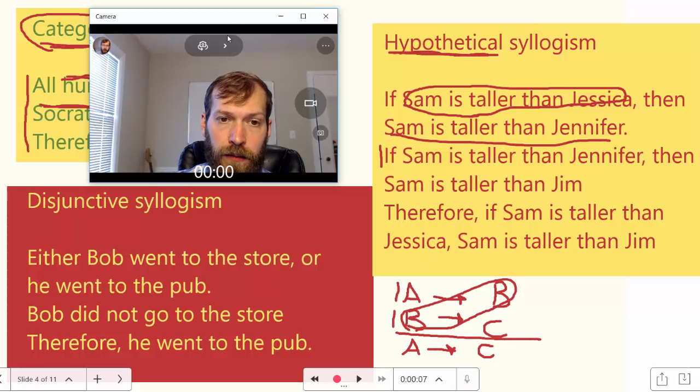All right, let's look at inductive arguments. We're going to take a look at 6 different kinds of inductive arguments, and doing so is going to allow us to better identify whether an argument is inductive or deductive. But it's worthwhile stressing again that this isn't supposed to be an exhaustive list.